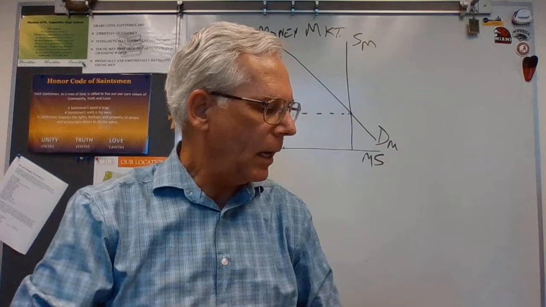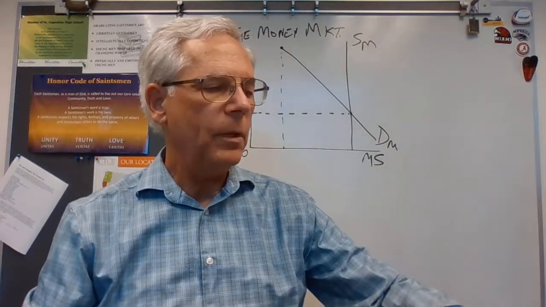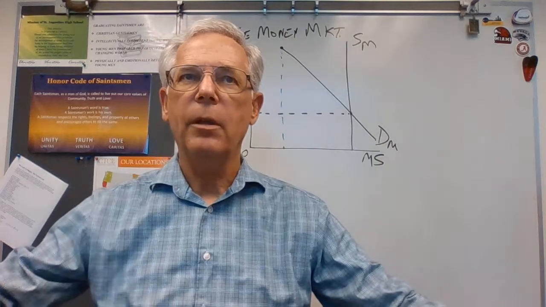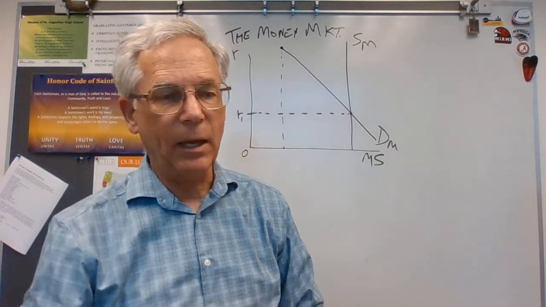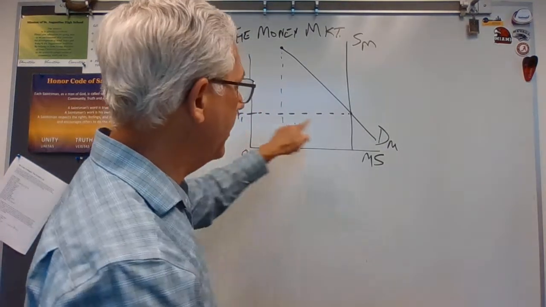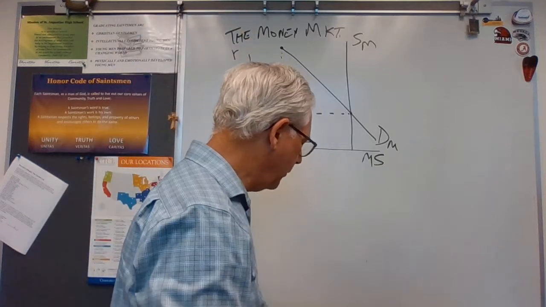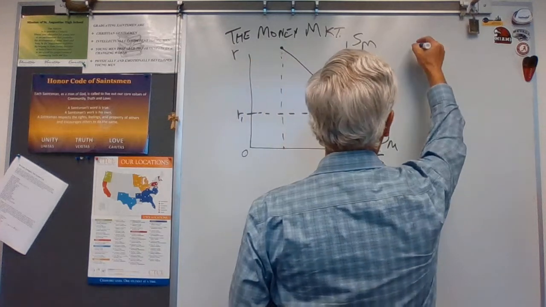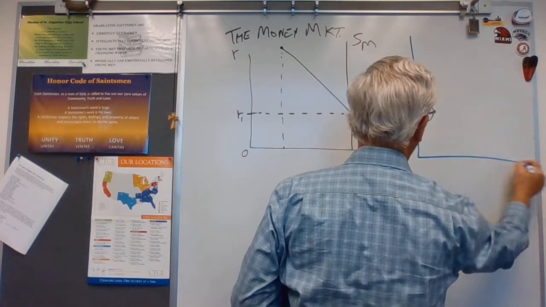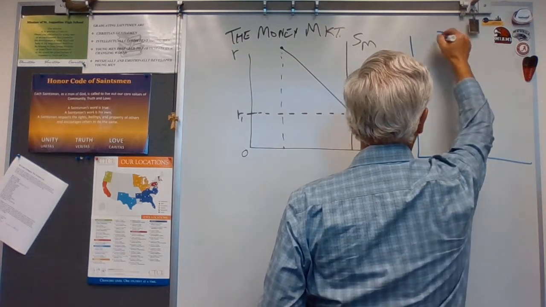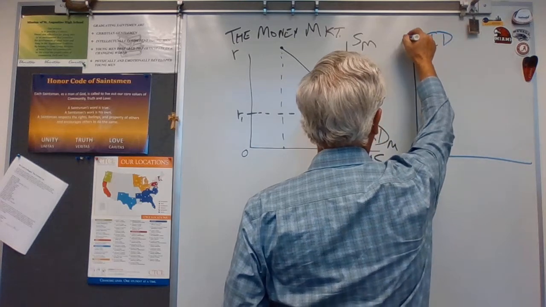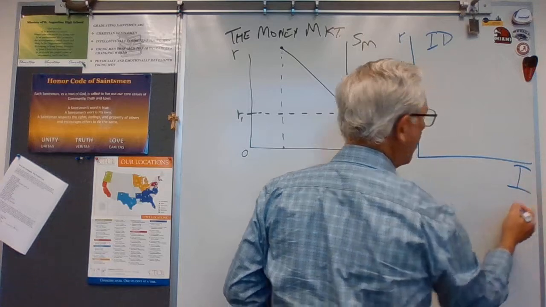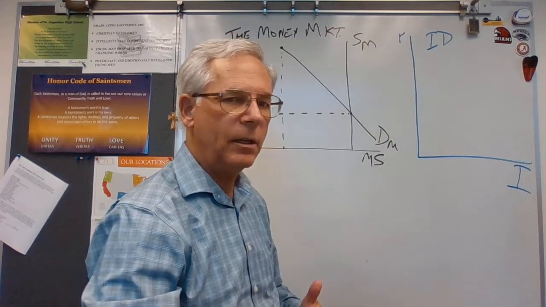All right. So the real rate of interest determines the investment demand, if you recall. So I'm going to use a different color, get the blue marker out here. Remember that we had the investment demand curve, the ID, which was, again, the real rate of interest on the vertical axis, only this was the total amount of investment in the economy.